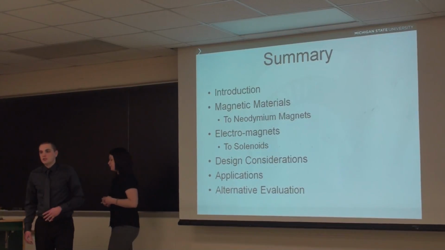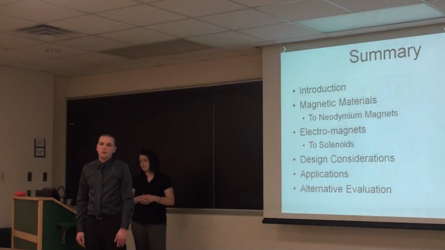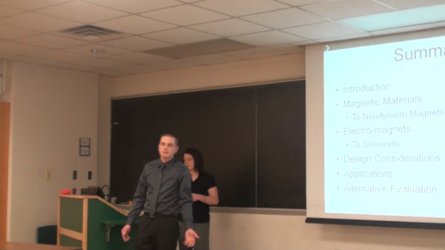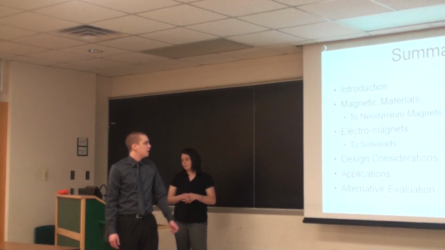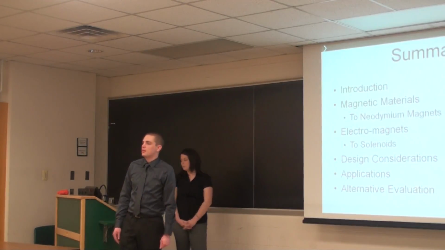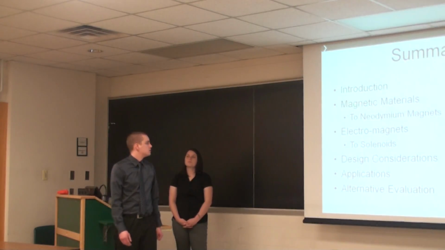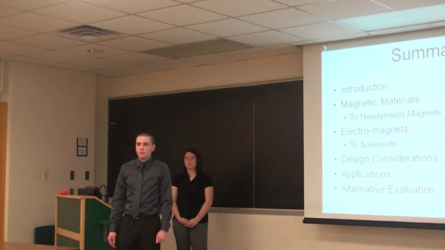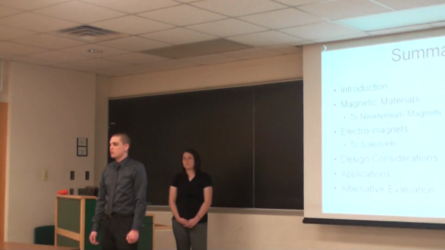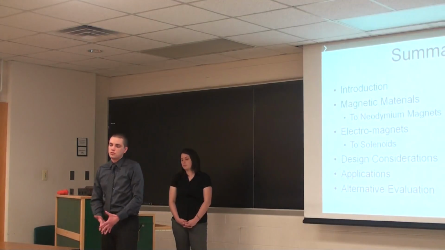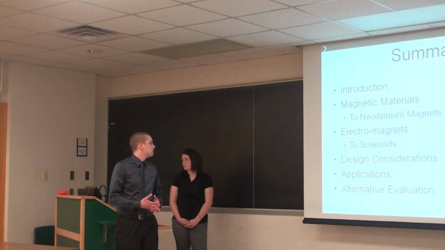So today we went over an introduction to different types of magnetic materials. We gave you an overview of ferromagnets, diamagnets, and paramagnets. We talked about how we're utilizing neodymium magnets and what type of magnet that is and how it's useful for our project this semester. We went over some electromagnetic principles and how we are using solenoids and current driving through solenoids to create magnetic fields and how we're using that for our design.